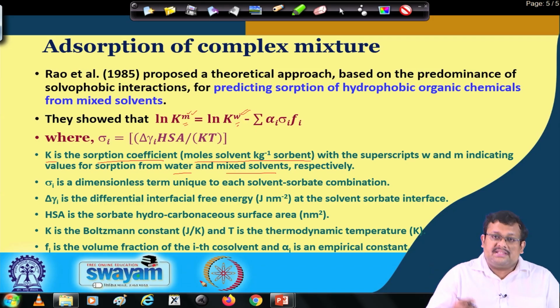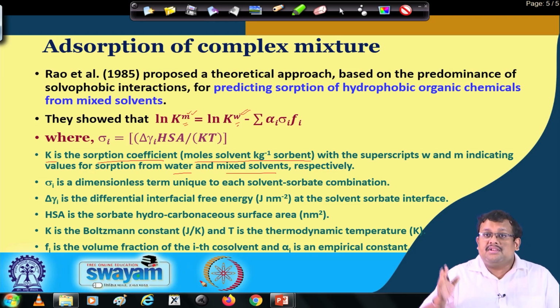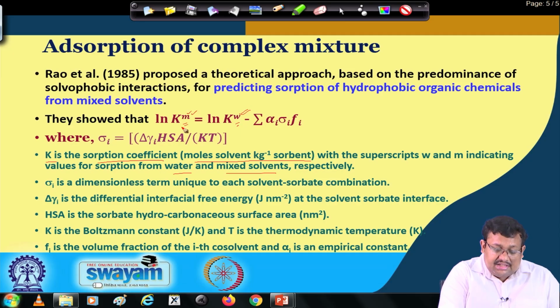As we have seen previously, in the case of mixed solvents where there are many co-solvents with water, the solubility depends on the solubility in water plus or minus another term. Similarly, here in the case of a complex mixture, the solubility term is related to the solubility in water and this term.